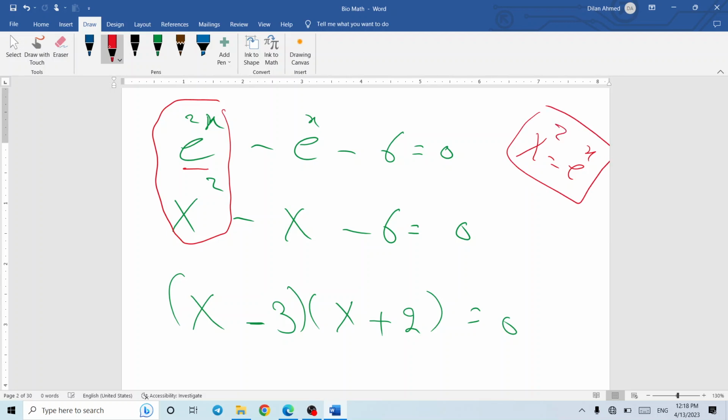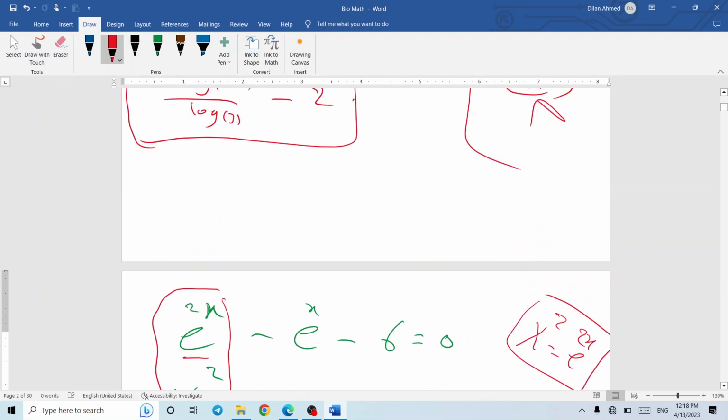When I say x squared, I have e to power 2x. Do you agree with me? Dears? If I say x equals e to power x, then x squared means e to power x multiplied by e to power x. Am I right? And the bases are equal.